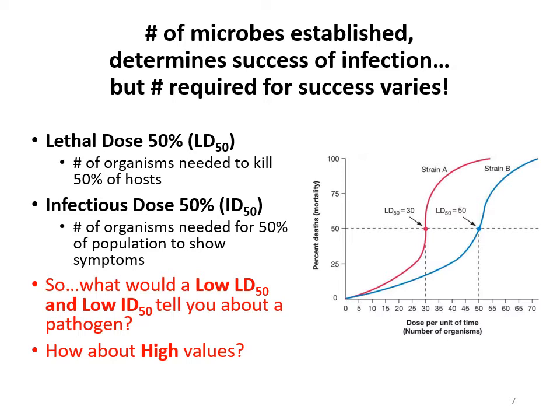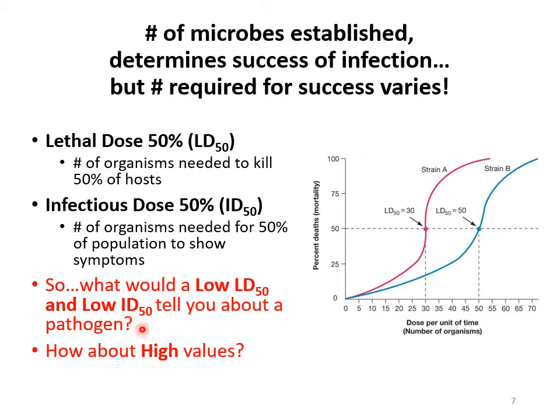Whereas if there's a high LD50 or a high ID50, what would that tell you? Well, you need millions of this little bacteria before people even sniff them. Or you need millions of these just to kill one person. Okay? That would tell you that each individual one isn't very strong, right? So for the first question that I have highlighted in red, this one here, a low LD50 and/or a low ID50 tells you the pathogen is very virulent.